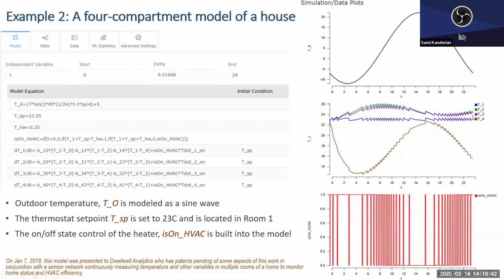Temperature 4 was a room with a very large window that had a lot of heat loss, so the time constant of that room losing heat to the outside was much larger.